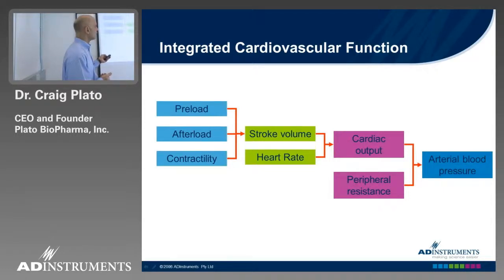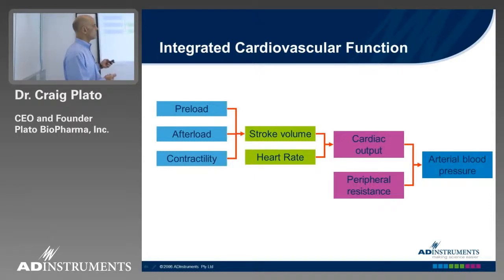And heart rate will also influence cardiac output, right? So cardiac output is the relationship or the product of stroke volume times heart rate. The amount of blood being pumped out on a per beat basis times the number of beats per minute will give us the amount of flow being generated by the heart.